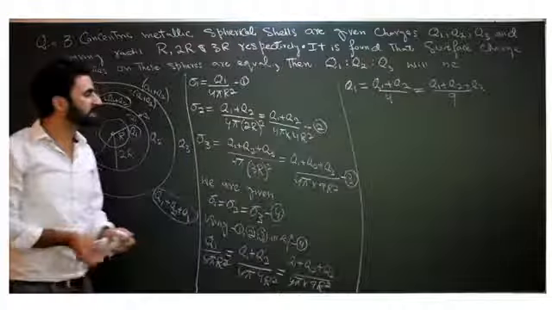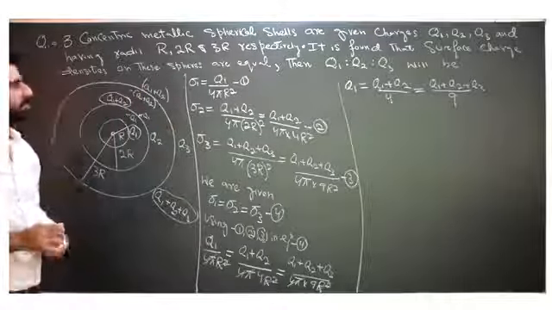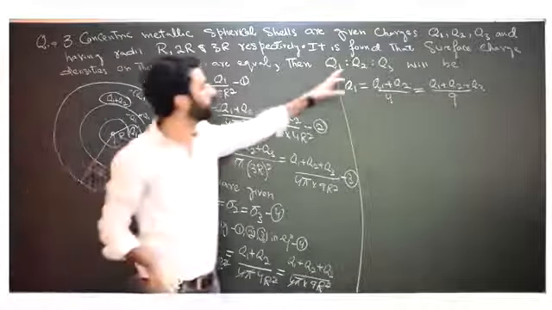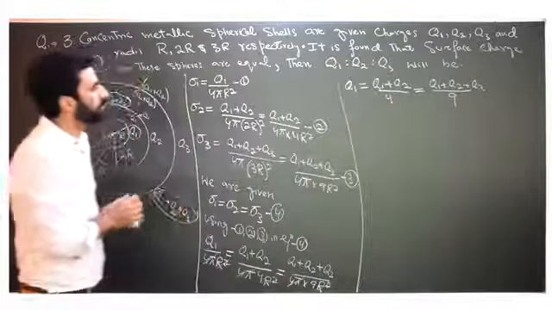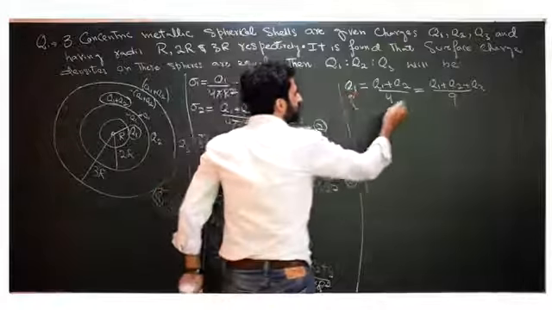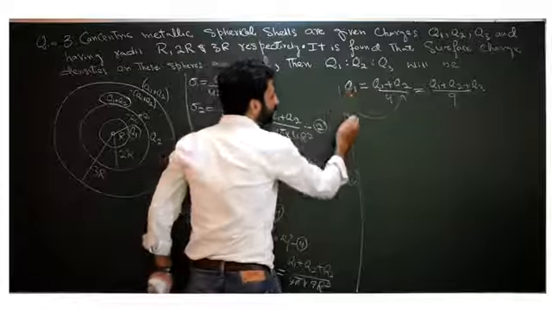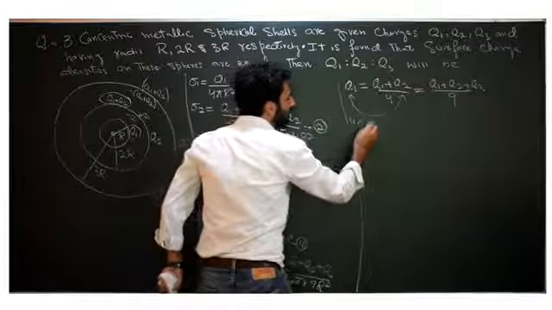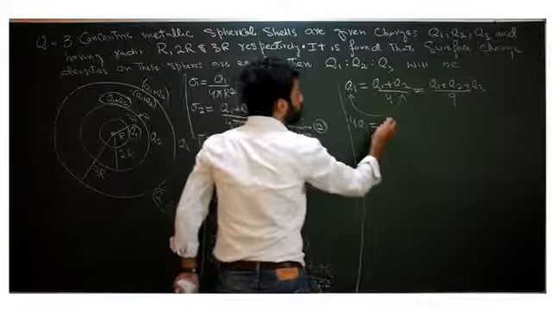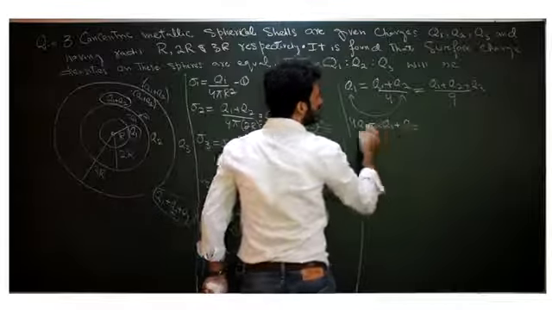So we're almost done. We just have to use some simple algebra to find the relative ratio of Q1, Q2 and Q3. Now what we can do is equate these two parts. Multiplying 4 with this Q1, we have 4 times Q1 is equal to Q1 plus Q2.